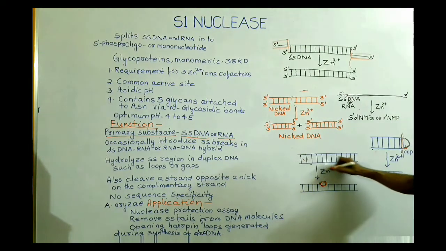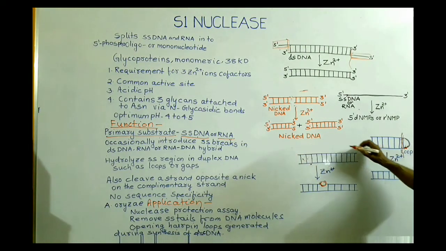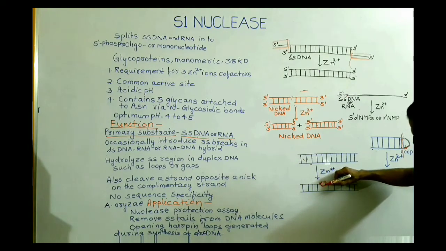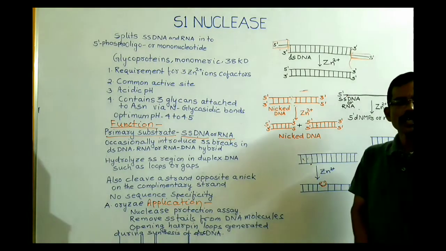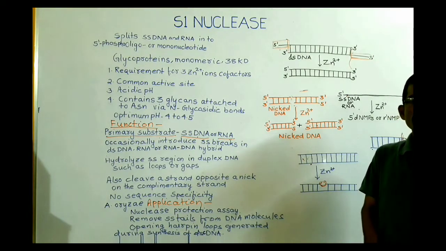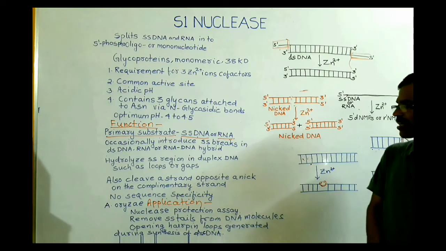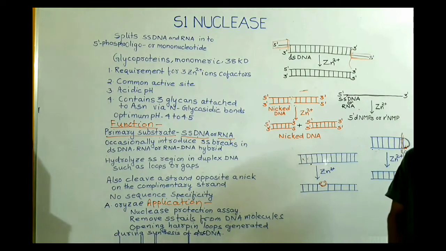This is a double-stranded DNA, and in this double-stranded DNA, this single-stranded break has been created by the enzyme S1 nuclease, but occasionally. Next function is S1 nuclease hydrolyzes single-stranded region in duplex DNA, for example, gaps and loops.